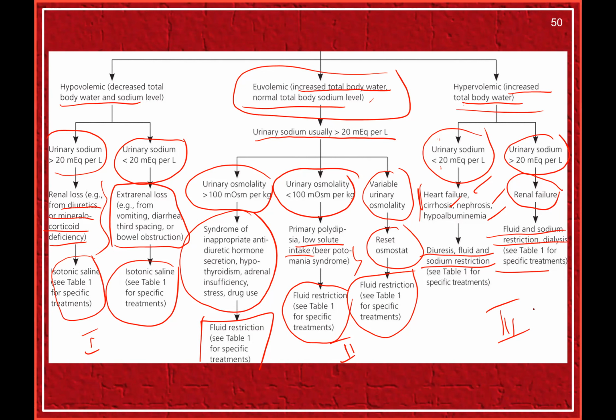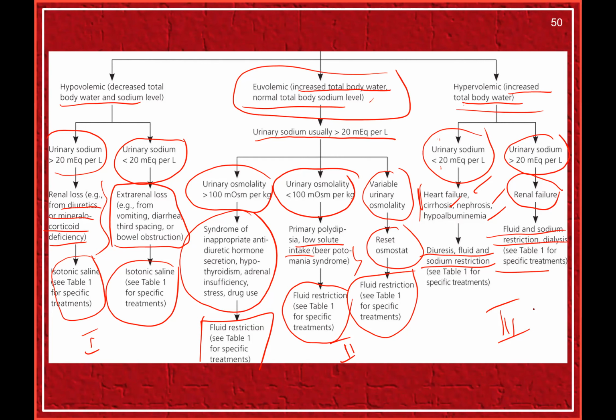If it is euvolemic, treatment is fluid restriction and specific treatment for the underlying cause, remembering SIADH, and then hypothyroidism, adrenal insufficiency, drugs could be the underlying cause. And in addition, compulsive polydipsia and also low solute intake, beer potomania syndrome.